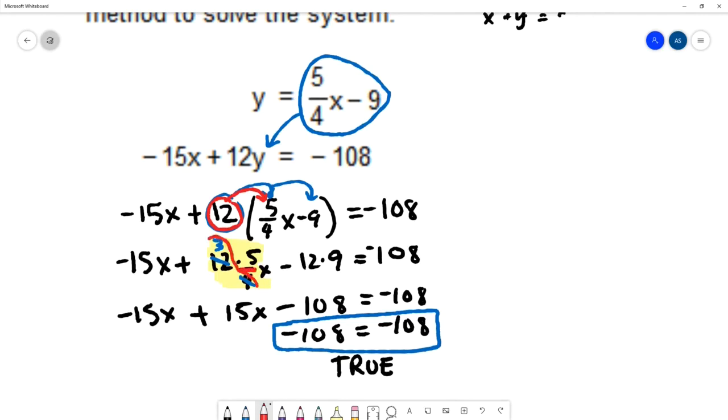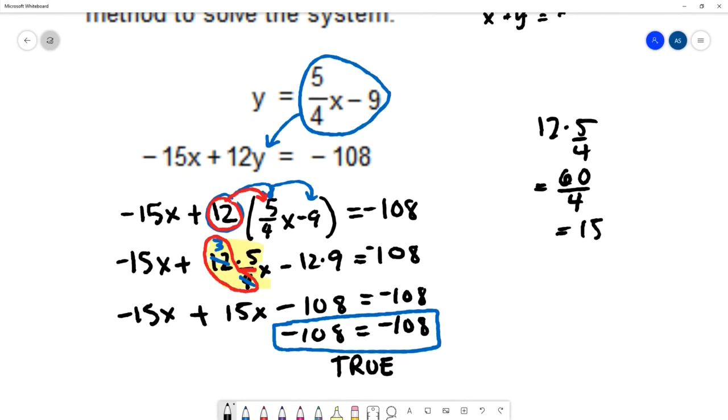If I do 12 divided by 4, that gives me the 3, and then 3 times the 5 gives me the 15. If you want to do it the longer way, you would do it like this. 12 times 5 fourths, 12 times 5, that would be 60 over 4, and 60 over 4 is 15. So either way is fine.